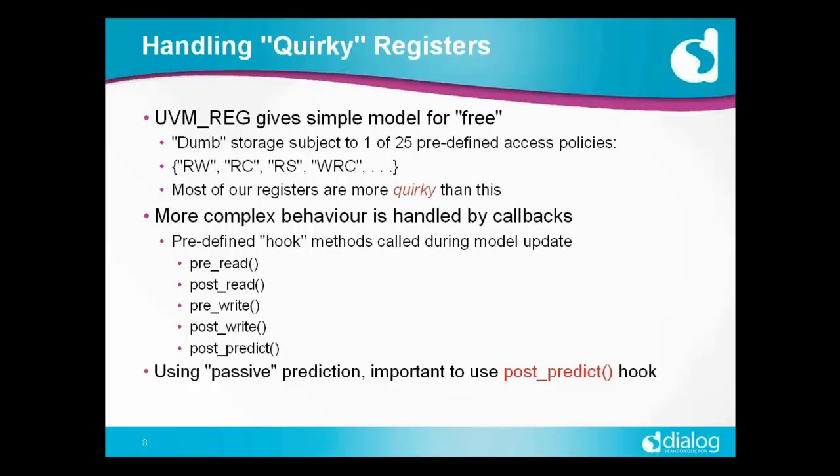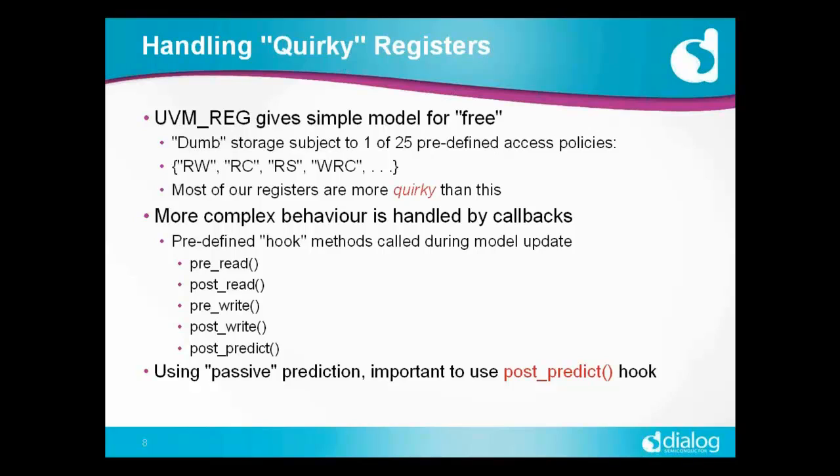And if you want to capture that more complex behavior, then you need to override methods which are defined in some callbacks, which are part of the register layer. The idea of a callback has been inherited from the VMM library, and it's something that you can add at runtime if you really want to, but it basically gives you some hook methods that get called at specific times of the model update.